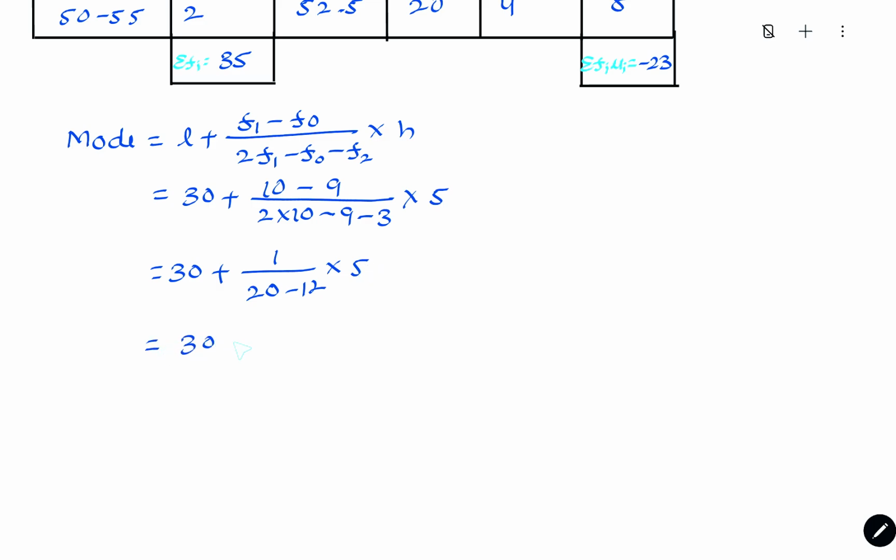Here 30 plus 5 by 8. 30 plus, if we divide 5 by 8 we will get 0.625. 30 plus 0.625 is 30.625. This is the mode. Now we will find the mean.